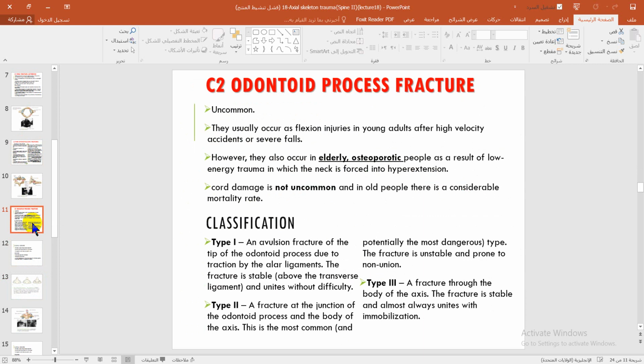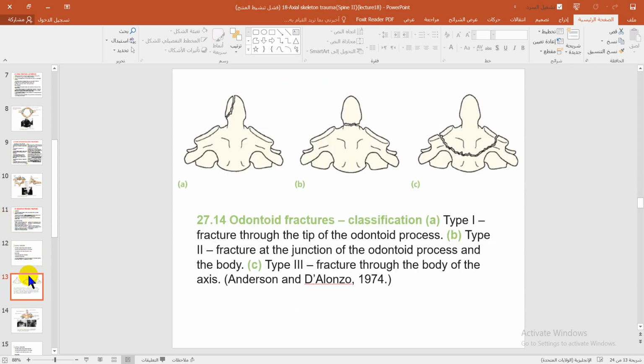It can be classified according to the site of the crack of the fracture: the tip of the odontoid process, or the whole odontoid process, or part of the body with the odontoid process. This is type 1, type 2, type 3 fracture according to the D'Alonzo classification.